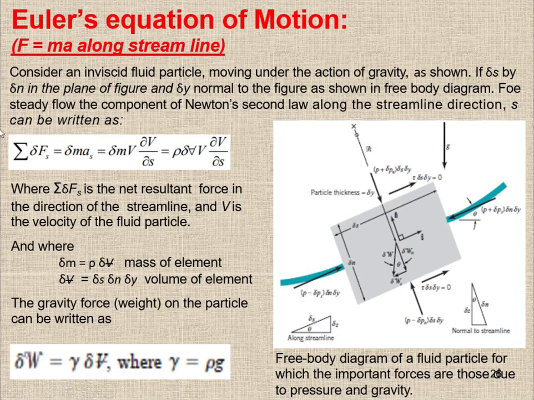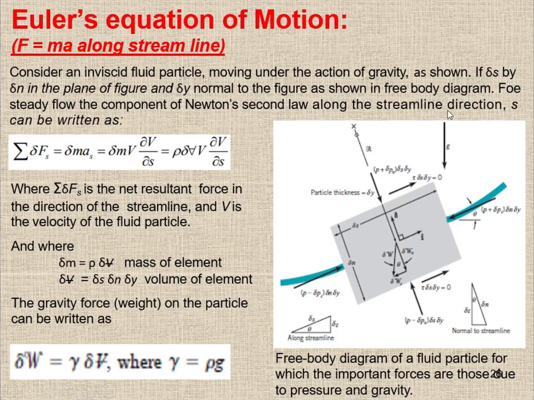So del S and del N are the lengths of the particle along the streamline and normal to the streamline direction, and del Y is the thickness of the particle in the Y direction. The free body diagram of that fluid particle is shown. For a steady flow, we take the component of Newton's second law along the streamline. This is the streamline direction, and this streamline makes an angle theta with respect to the axis.